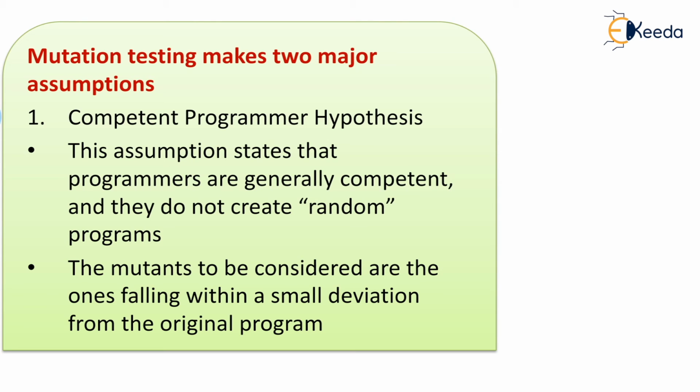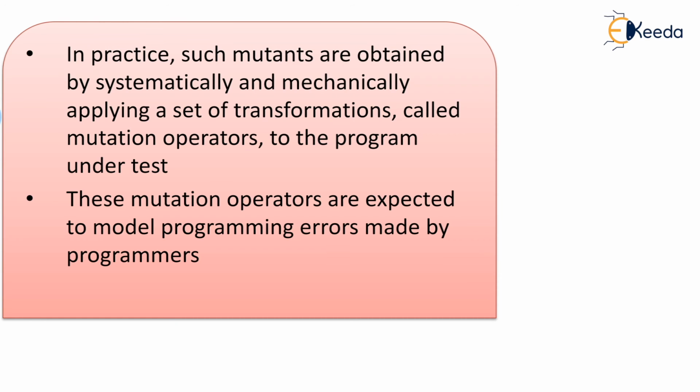So therefore, we assume that for the given problem a programmer will create a correct program except for simple errors. In other words, a mutant to be considered is one arising from a small deviation of the original program. In practice, such mutants are obtained by systematically and mechanically applying a set of transformations called mutation operators. In practice, this may be partly true.